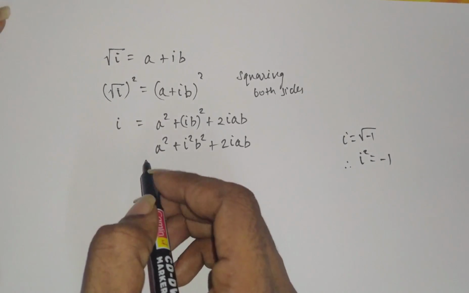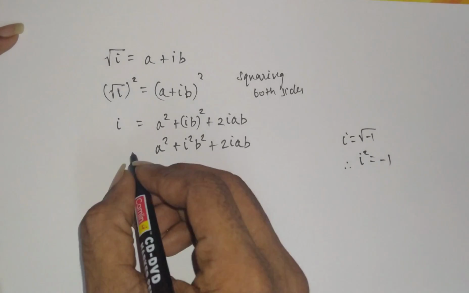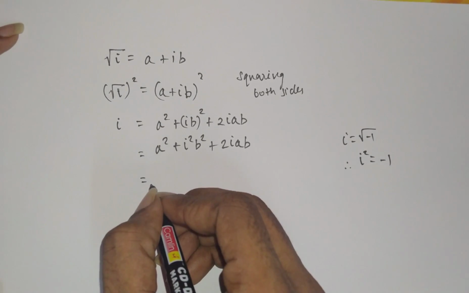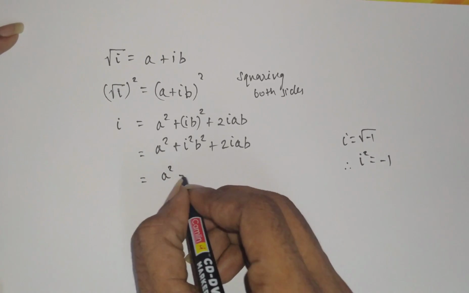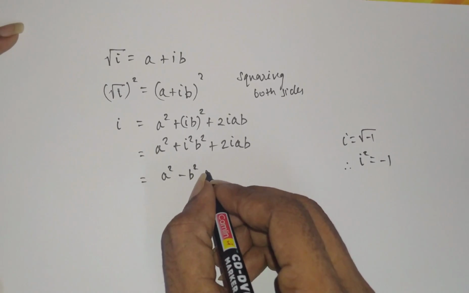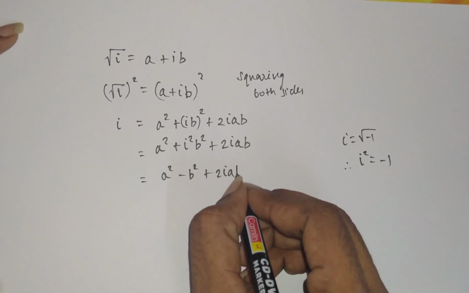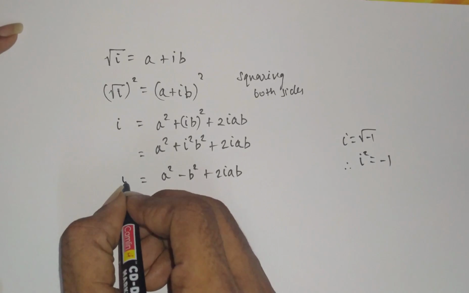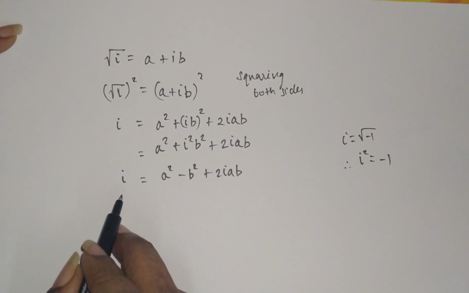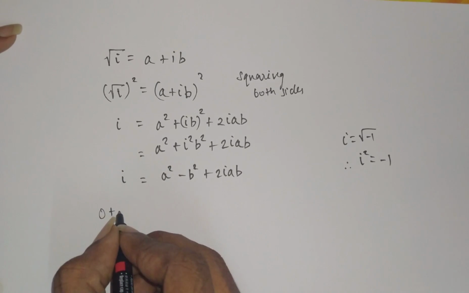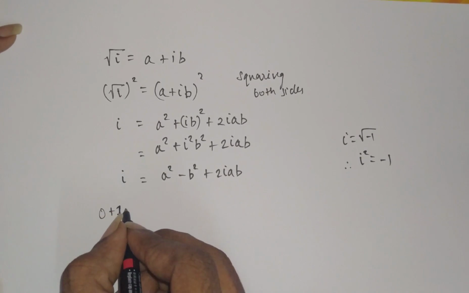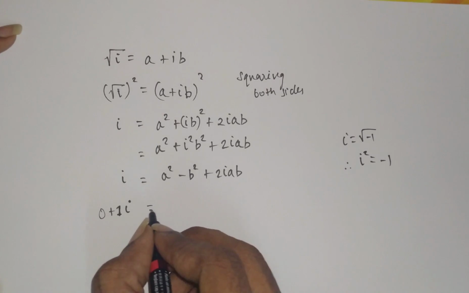Substituting minus 1 for i squared, we get i equal to a squared minus b squared plus 2iab. Since i is an imaginary term, this is a combination of a real term and an imaginary term.